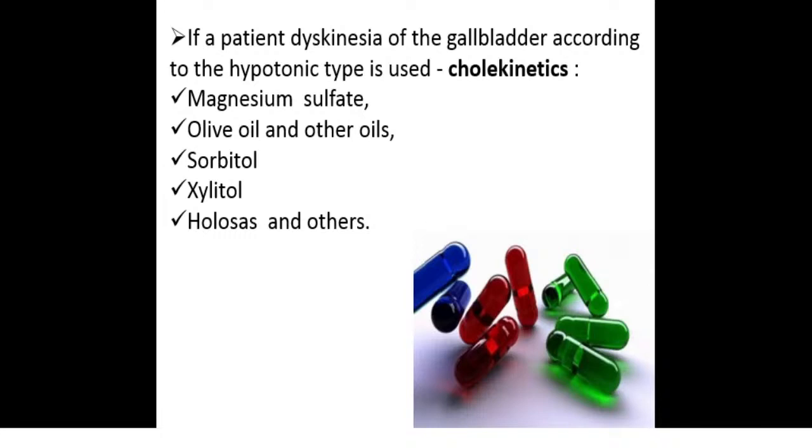If the patient has dyskinesia of the gallbladder, type dyskinesia of the hypotonic, we use cholekinetics. It is magnesium sulfate, different oils, sorbitol, xylitol, and holosas, and other drugs.